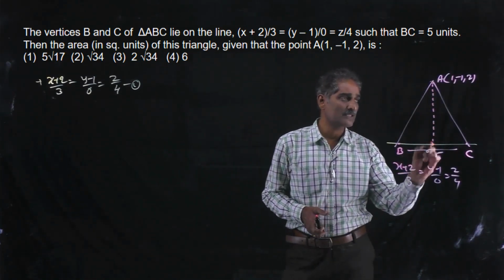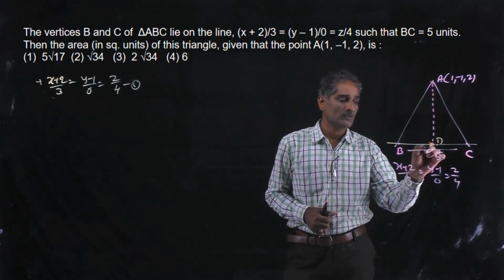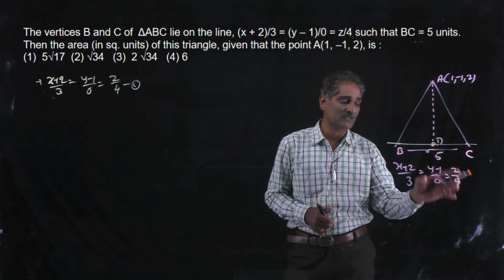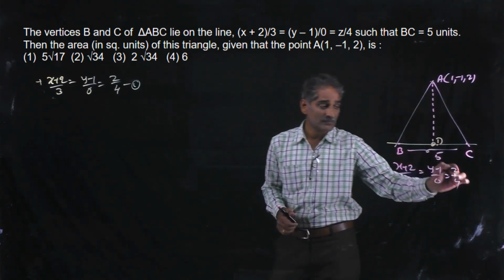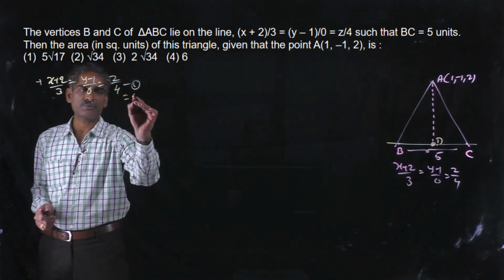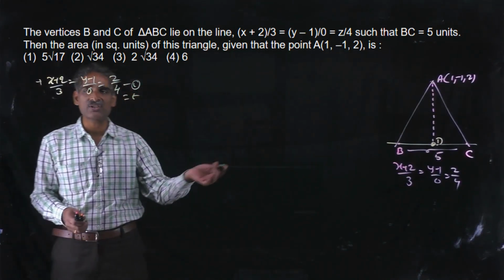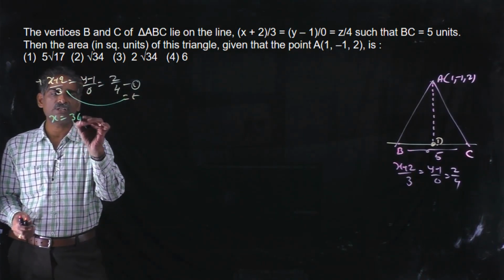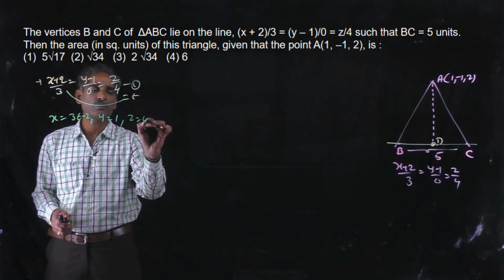So let us take this as the foot of the perpendicular from A, let it be D. Now point D should lie on the line. So now write the general point on the line. Let this equation be equal to some t. Then we can write the coordinates of a point on this line: x is equal to 3t minus 2, y is equal to 1 and z equal to 4t.